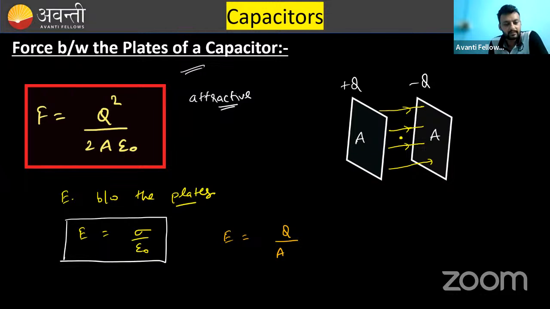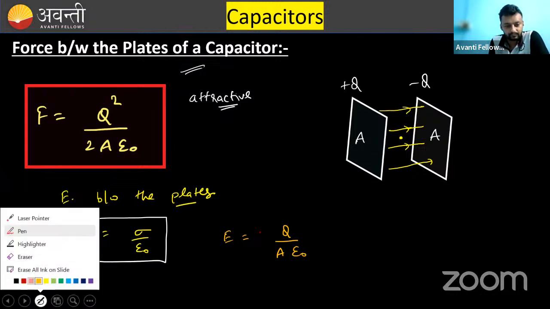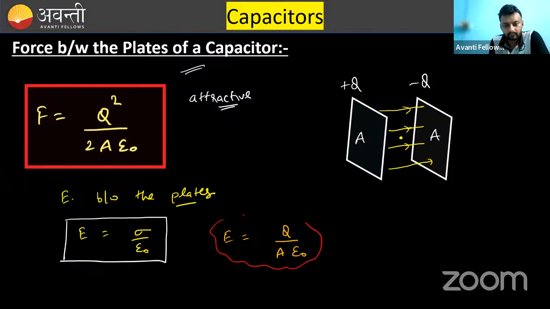E is equal to sigma by epsilon naught. And this field is from the positive plate towards the negative plate. This is an important thing that you should remember. Clear everything now? Force is attractive, Q square by 2A epsilon naught.